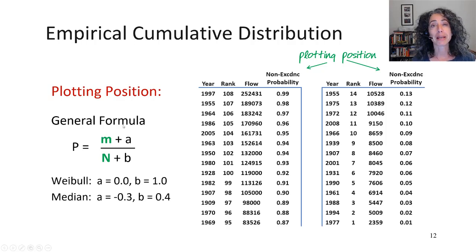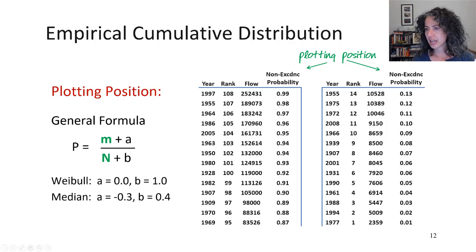So there are many plotting positions, each of them with an adjustment of rank over sample size. We look most often at Weibull and median. Each of the plotting positions, there's maybe a dozen others, aim at a certain characteristic of the probability estimate. So for this example, we'll walk forward with the Weibull plotting position.